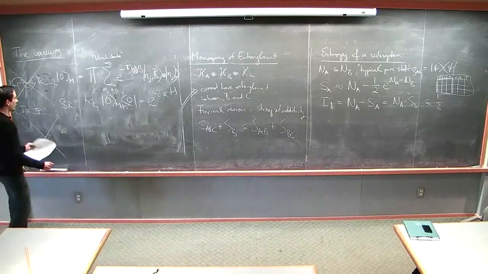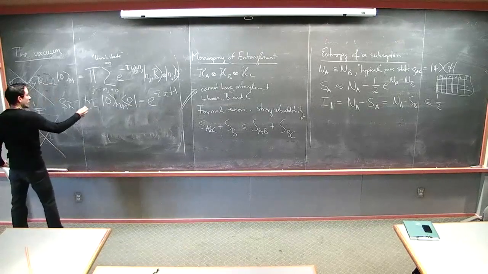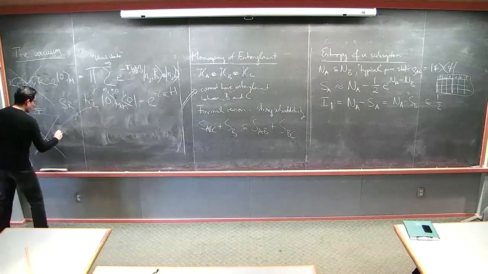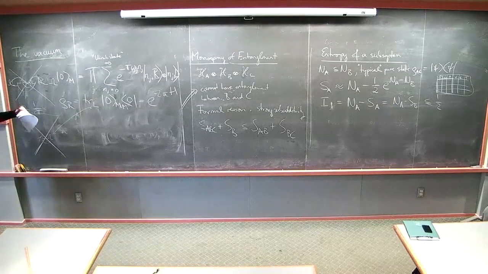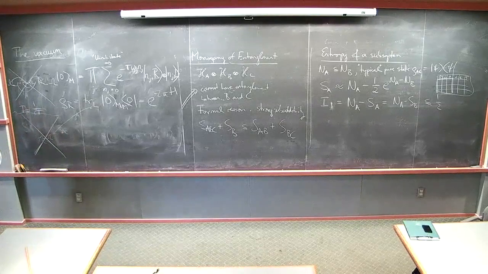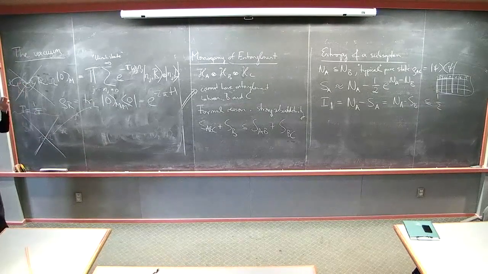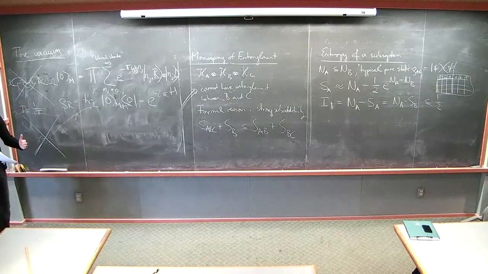And moreover, the Hawking quanta that arrive at infinity, if you trace them back, this is just geometric optics, if you trace them back to near the horizon, they become precisely these kind of wave packets that are close to the horizon and of the same separation.